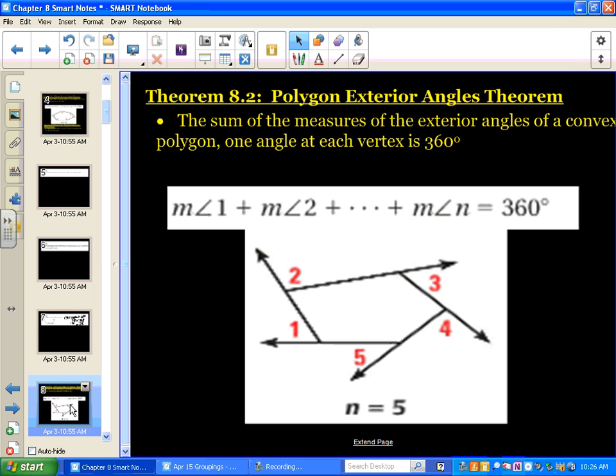Theorem 8.2, the Exterior Angle Theorem. This says the sum of the measures of the exterior angles of a convex polygon, one at each vertex, is 360 degrees.